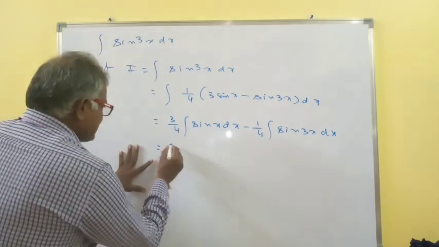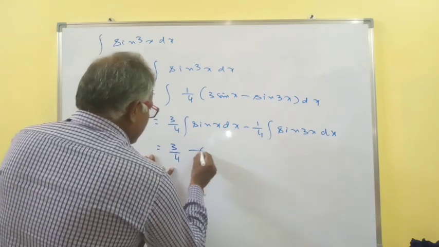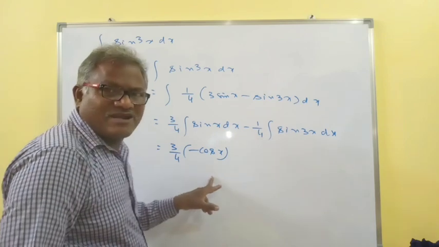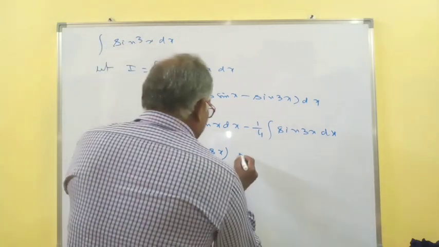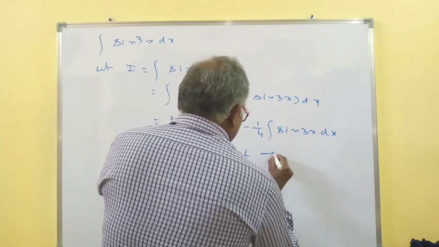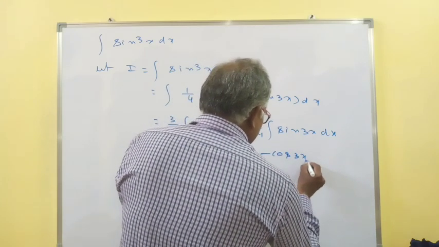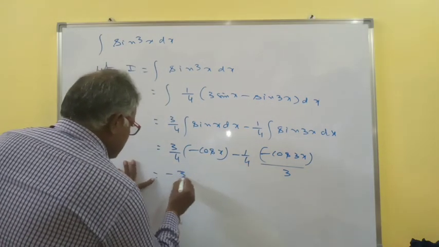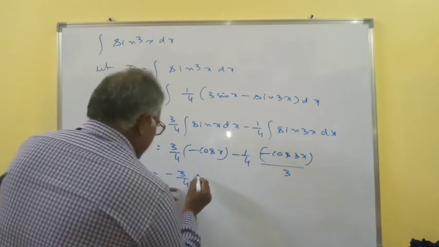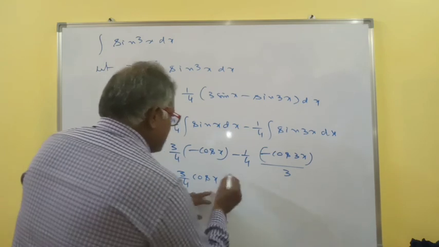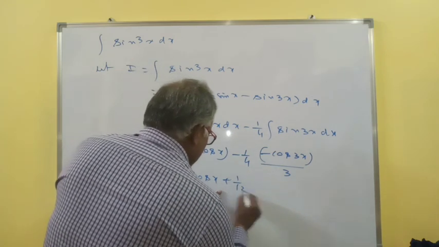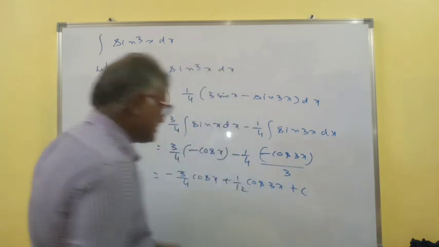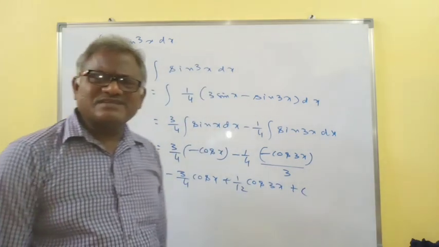So this is 3 by 4 into minus cos x; here the coefficient of x is 1, no need to put 1. Then minus cos 3x divided by 3. So the final answer is minus 3 by 4 cos x, and minus minus plus 1 by 12 cos 3x plus c. So this is the solution for sin cube x.